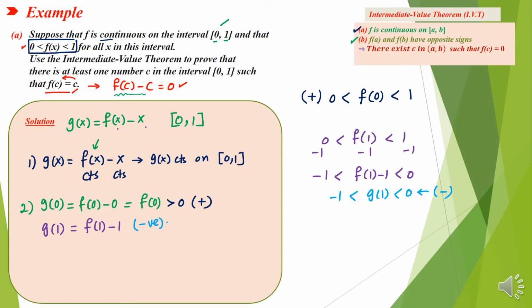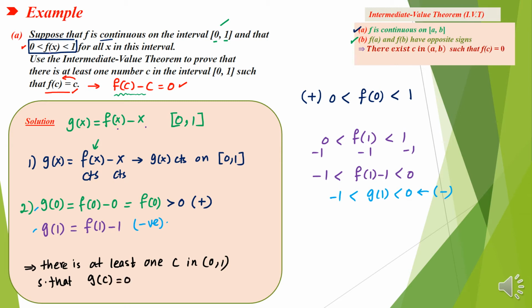As you see, g of 0 and g of 1 have opposite signs. One is positive and the other is negative. So the two conditions are satisfied for the given question, which means there is at least one c in 0, 1 such that g of c equals 0.